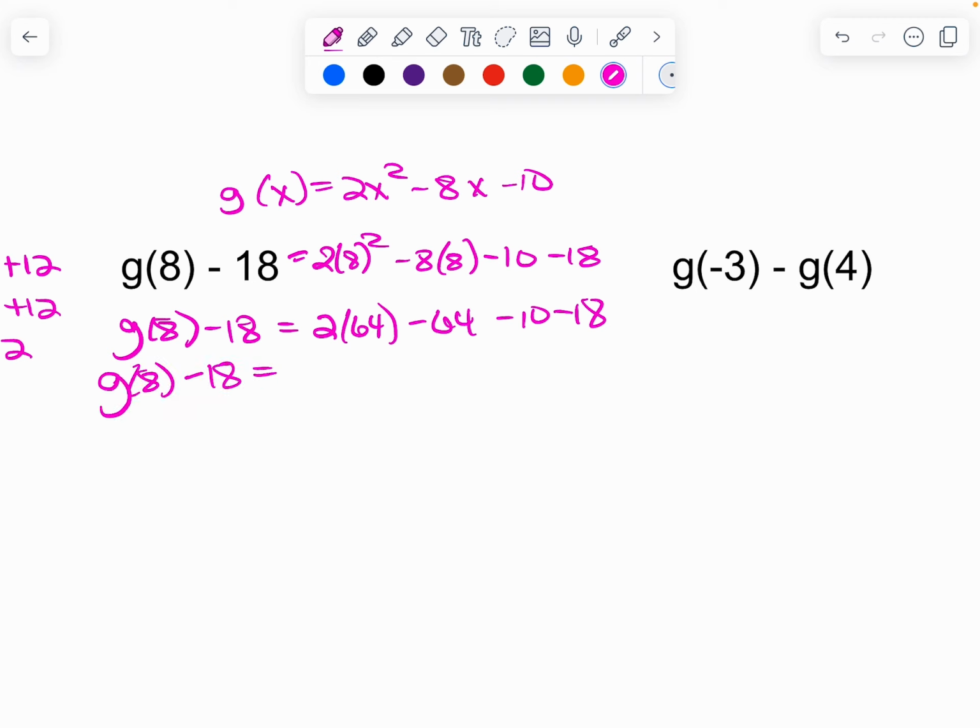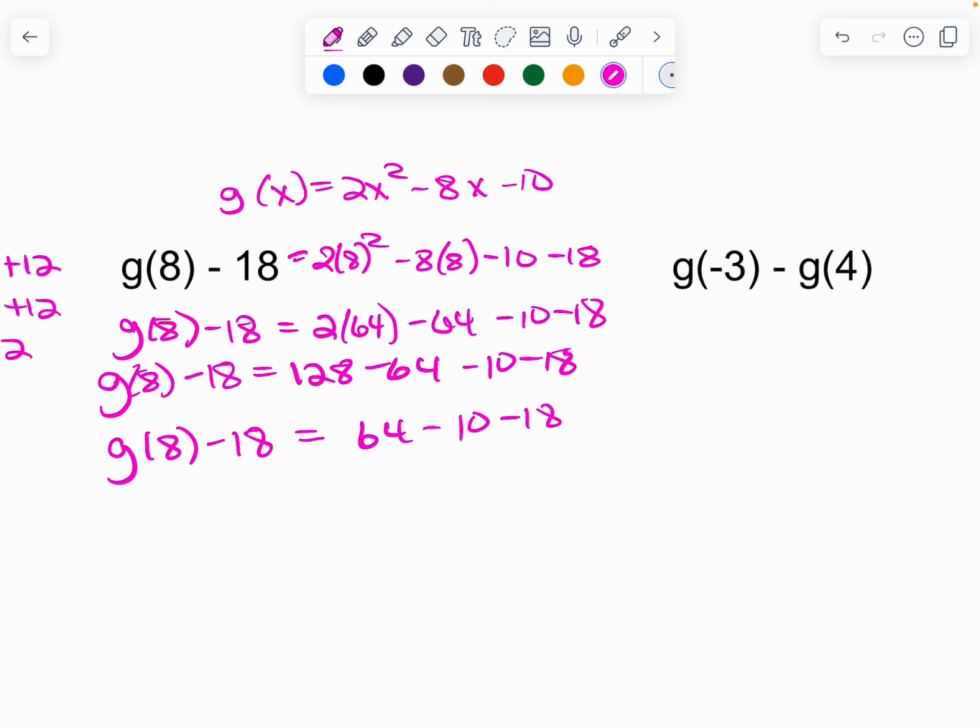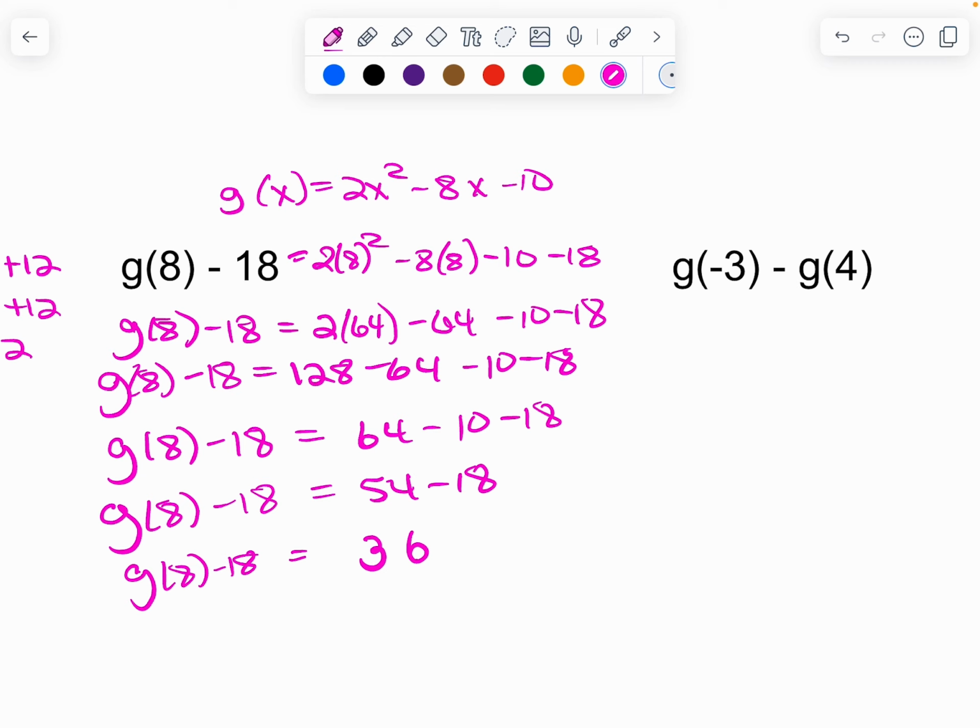And that's going to get me 128 minus 64 minus 10 minus 18. So g of 8 minus 18 equals 64 plus 10 minus 18. 54 minus 18. Oh, and that's going to be 36.